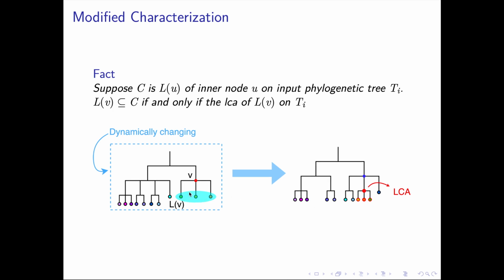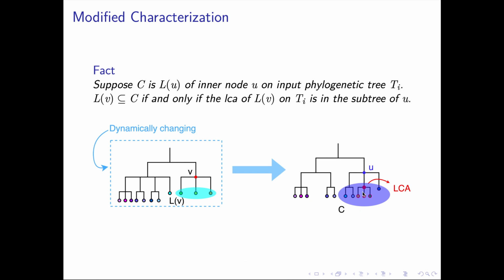Namely, these are the leaves within LV, and we mark them red in Ti and find their least common ancestor. And LV is a subset of C if and only if this common ancestor is within the subtree of U. Then LV is exactly this set and it's a subset of C.